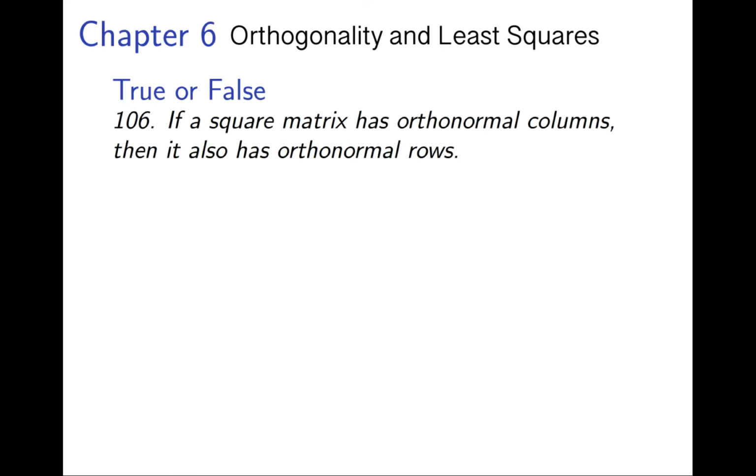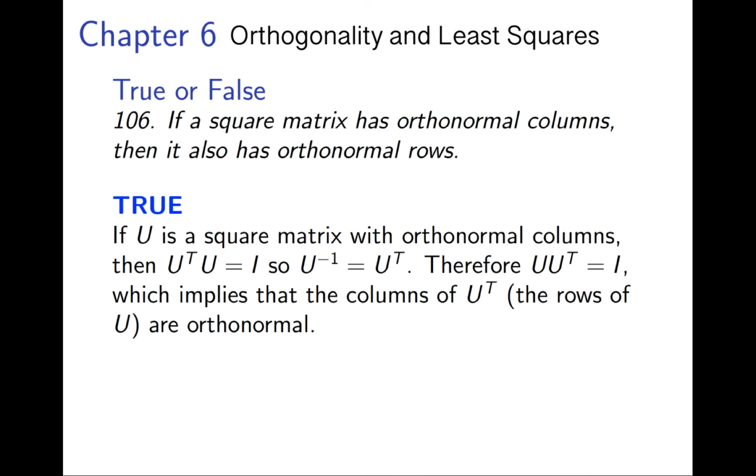Number 106. If a square matrix has orthonormal columns, then it also has orthonormal rows. This is true. So we know if U is a square matrix with orthonormal columns, then U transpose U is the identity matrix. And since U is square, this tells us that the inverse of U is U transpose.